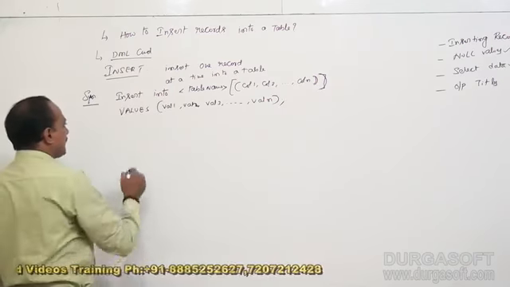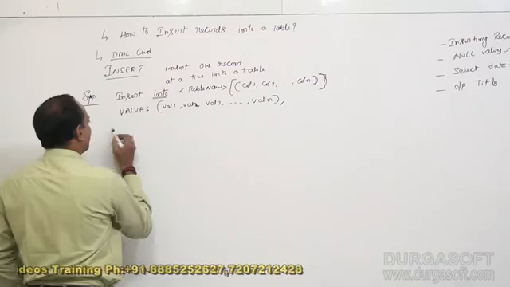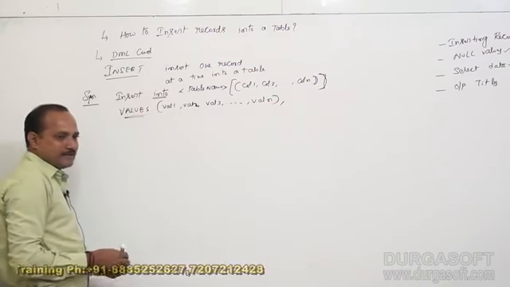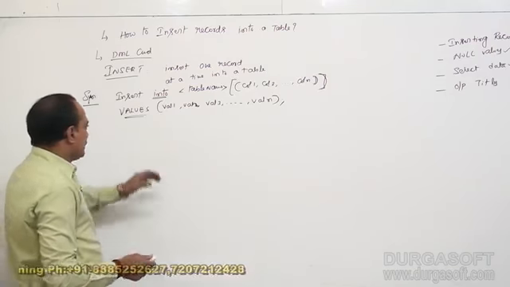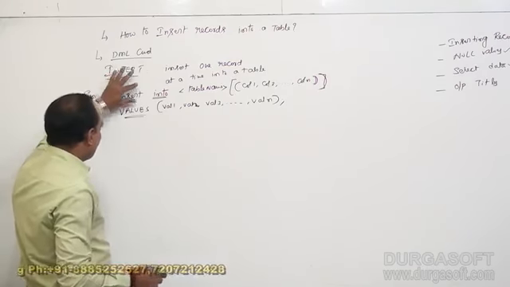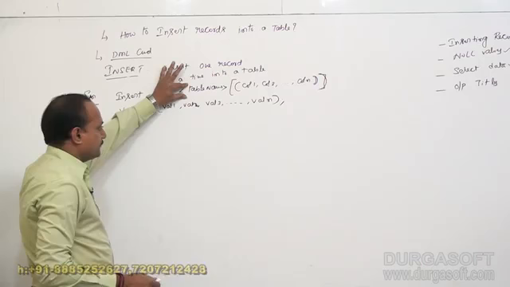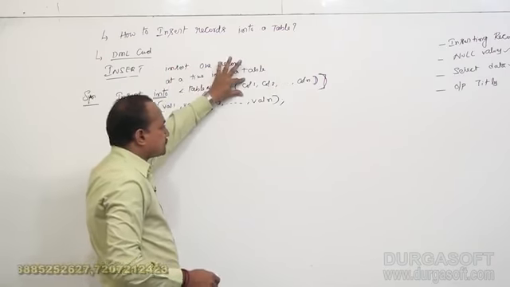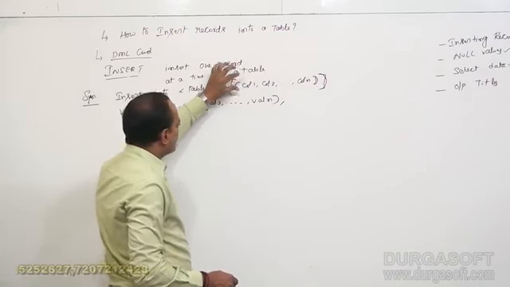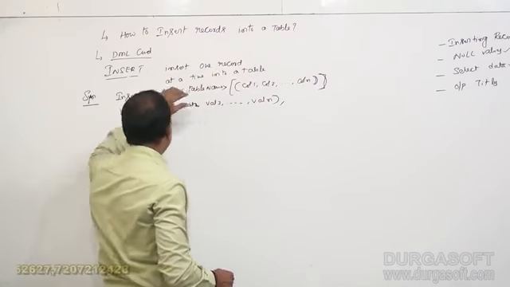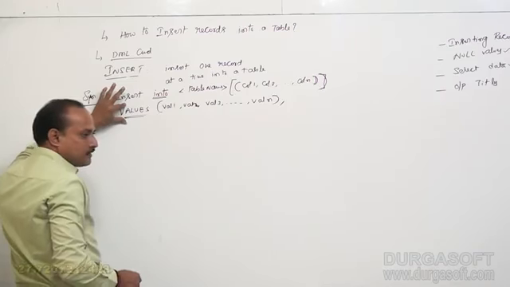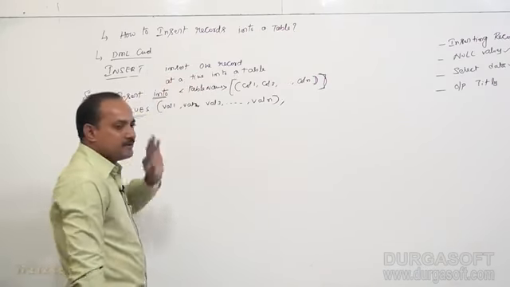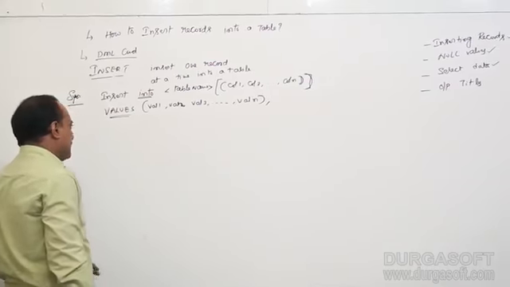Remember, here into is a keyword, values is a keyword, insert is a command. You are inserting data into so and so table structure, and the table is having so and so columns. So into these columns I am inserting values. What are the values? This is the actual values list.